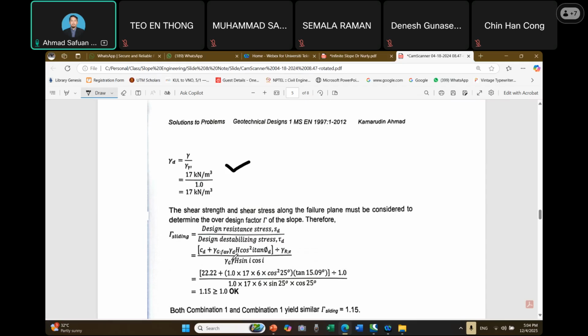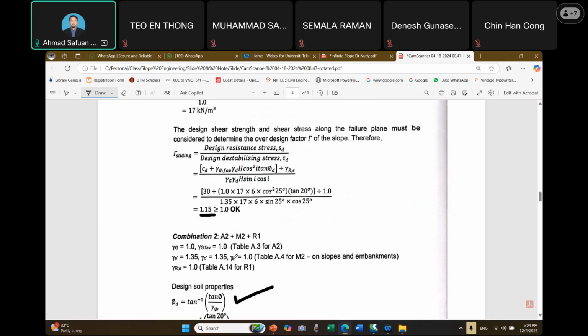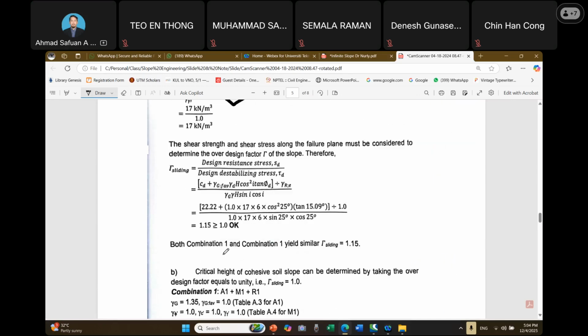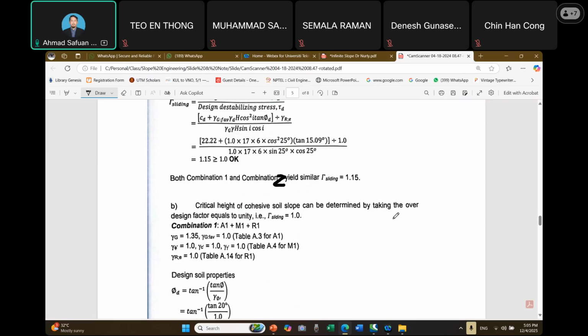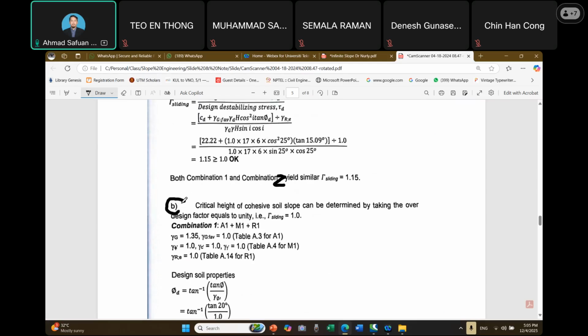We also obtain 1.15, similar to combination 1. Both combination 1 and combination 2 yield similar results, which is 1.15. So now we look at question B.